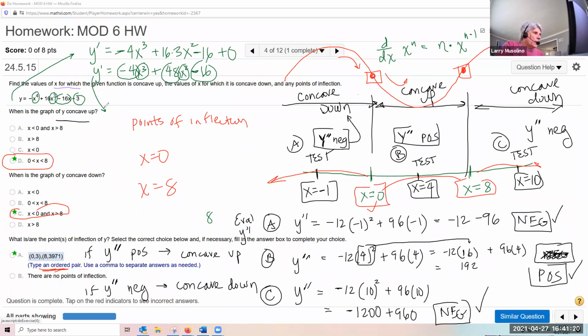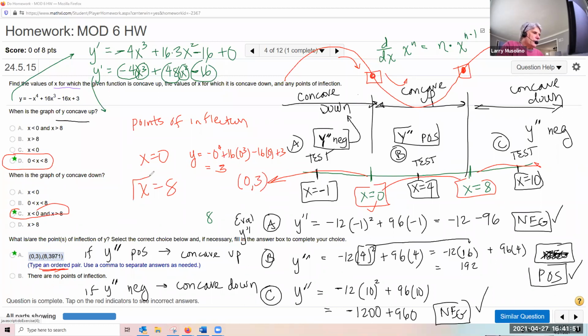The y value is found by plugging the x value into the original function. When x is 0, y equals negative 0 to the 4th plus 16 times 0 to the 3rd, minus 16 times 0 plus 3. If I work that out, I just get a 3. So this point is (0, 3).